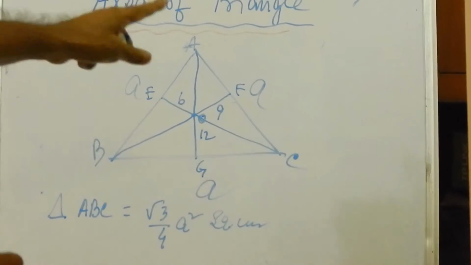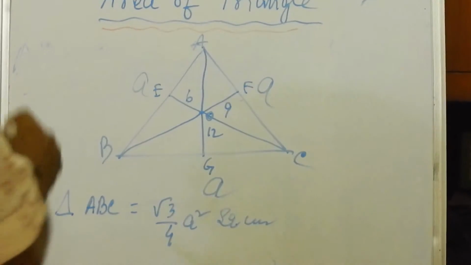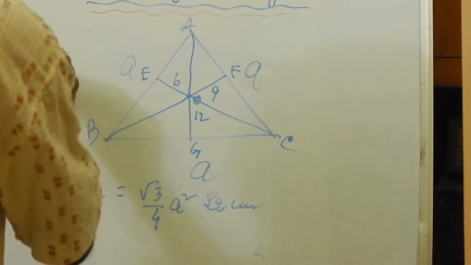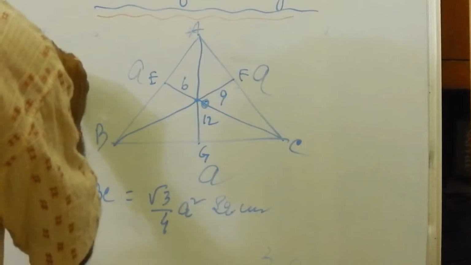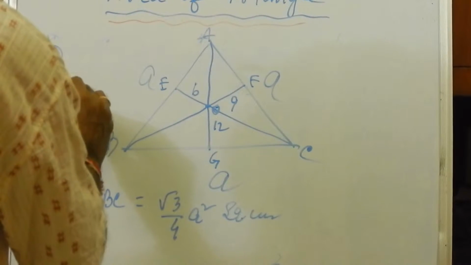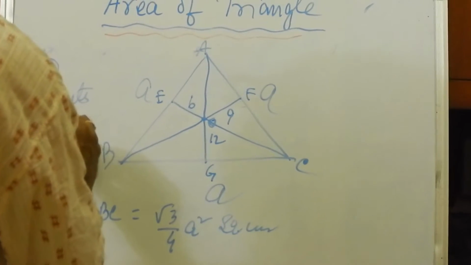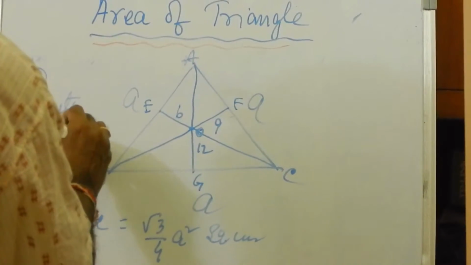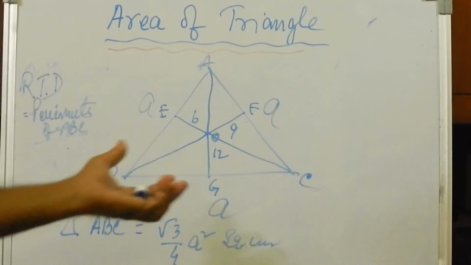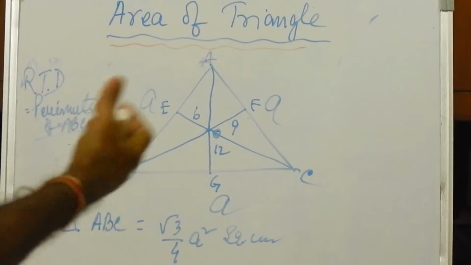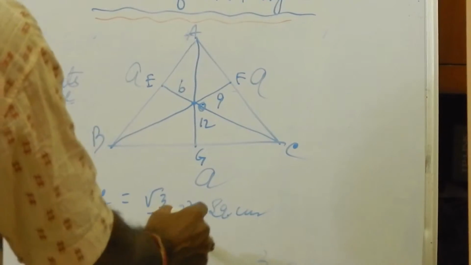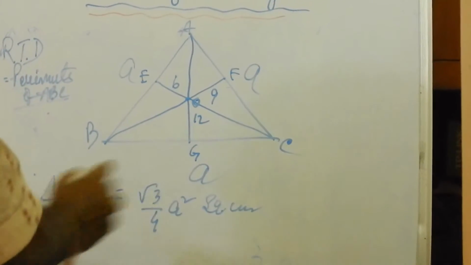Area of this triangle, what we require to determine is the perimeter of ABC. That means whenever we can find the value of A, we can easily find the perimeter or area, whatever is required. So now the overall ABC's area is √3/4 a square.